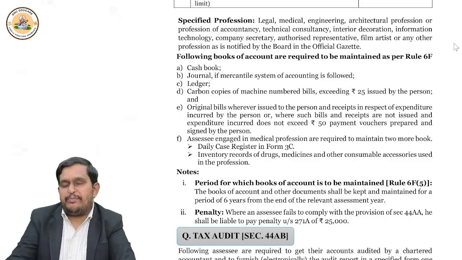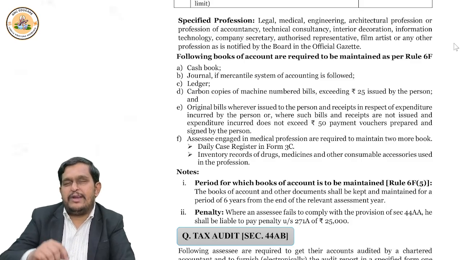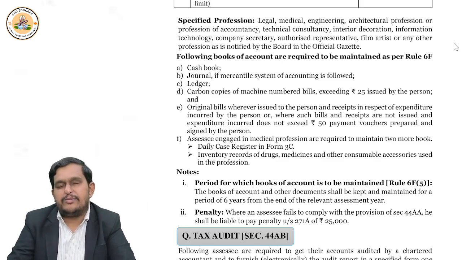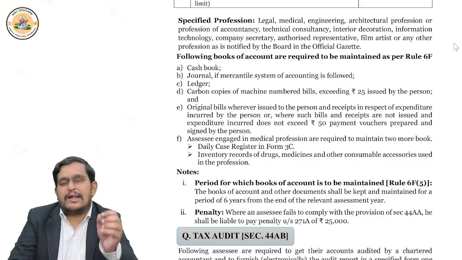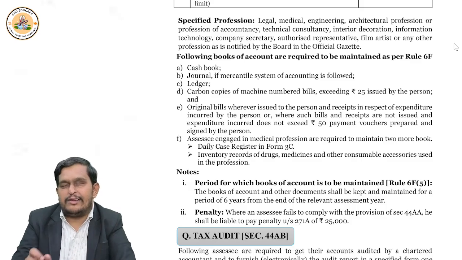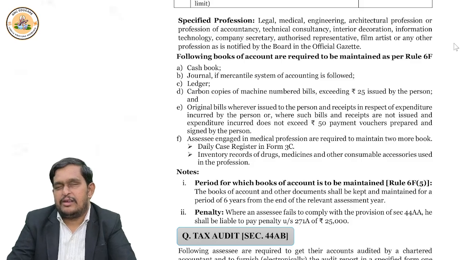So if you are giving the payment slip to your customer, that means you received the money from your customer. The original you will give to the customer, correct? The carbon copy you should maintain, right?